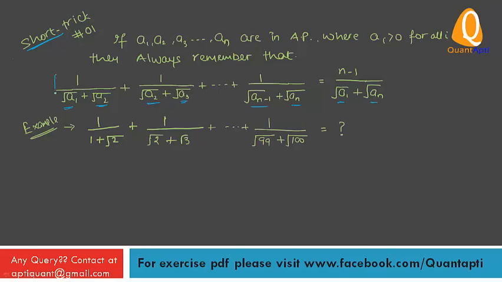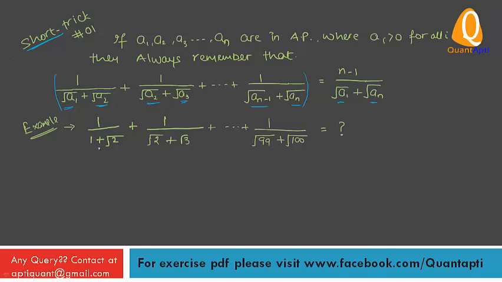If you encounter this type of question, then the sum of this series is always given by n minus 1 upon root of the first term plus root of the last term.